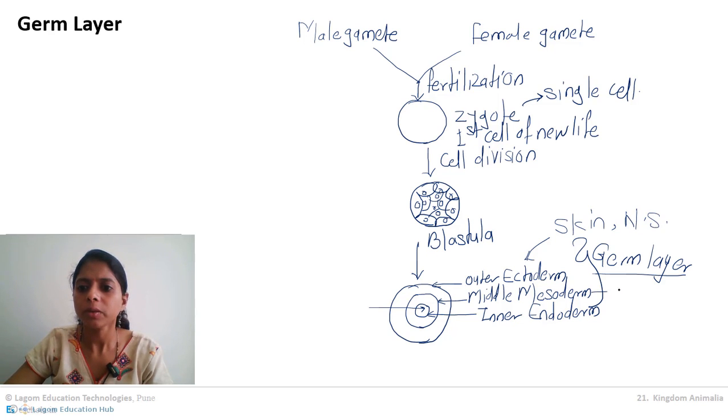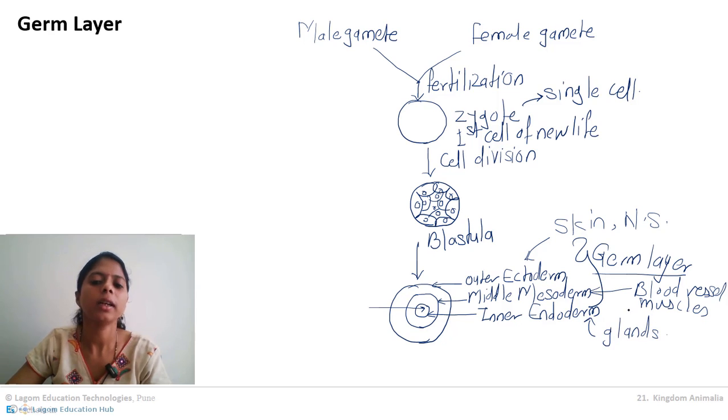Mesoderm, after development, gives rise to our blood vessels, and even to our muscles. And endoderm afterward gives rise to some glands and some internal delicate organs.